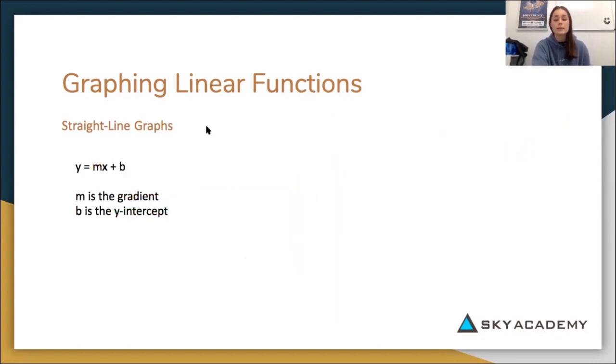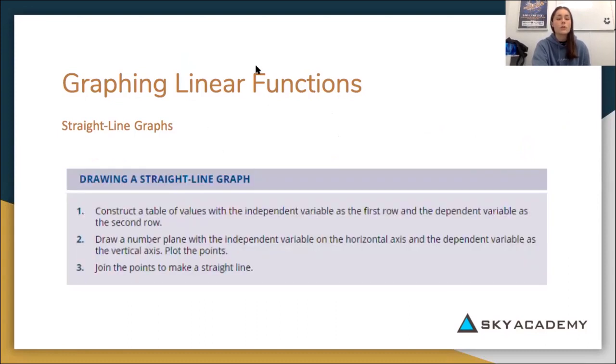When we're drawing or constructing a straight line graph, we can use these steps here. Our first step would be to construct a table of values. By constructing a table of values, you will get a set of values for x and y, which you can plot onto your number plane.